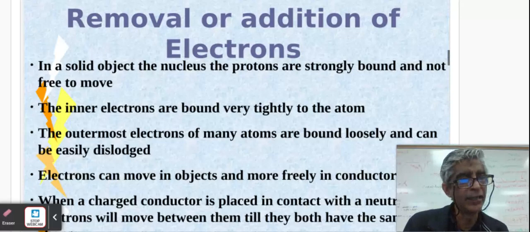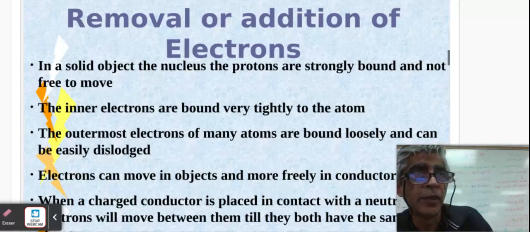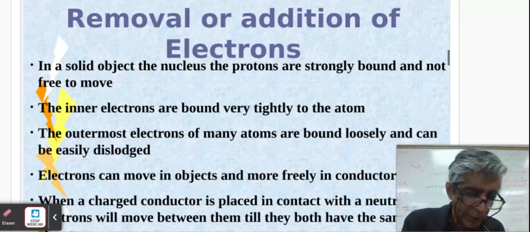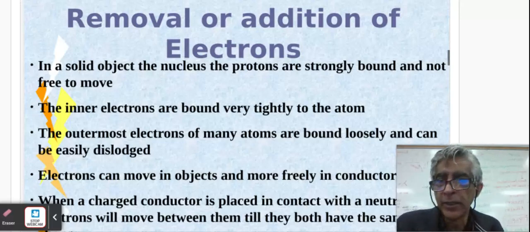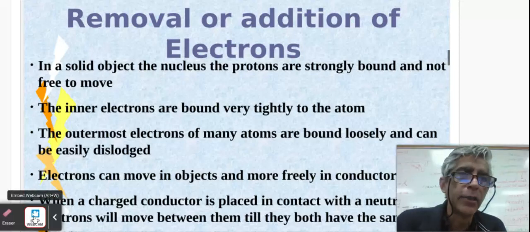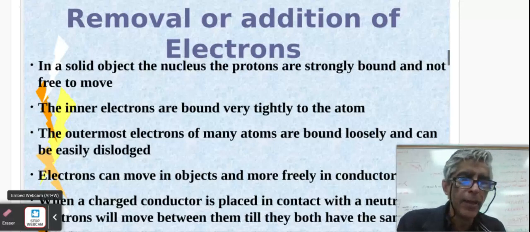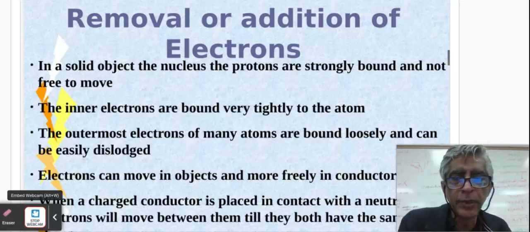And I hope you understand that most atoms carry the same number of protons as electrons, right? They're neutrally charged. Any regular old atom you look at by itself is neutral. And so if you take an electron out of that system, you're going to end up with more positive charges. And so that's how you create positive charges.